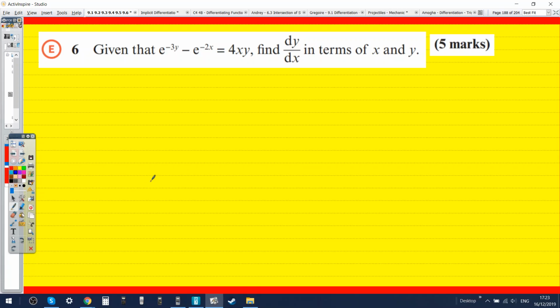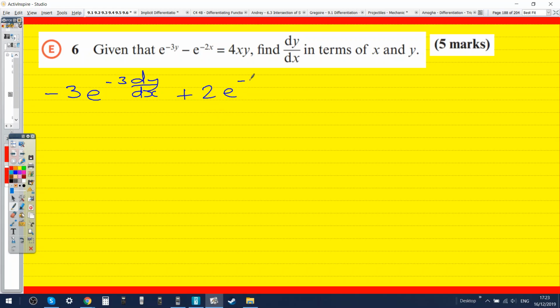So the e would be minus 3e to the power of minus 3 dy by dx. I don't know if that's how you differentiate that. And then plus 2e to the power of minus 2x. It should be 2e because it's to the power of minus 2.